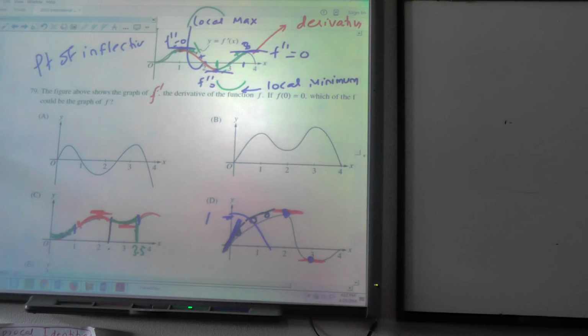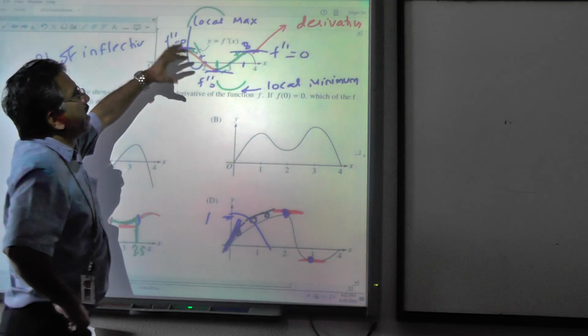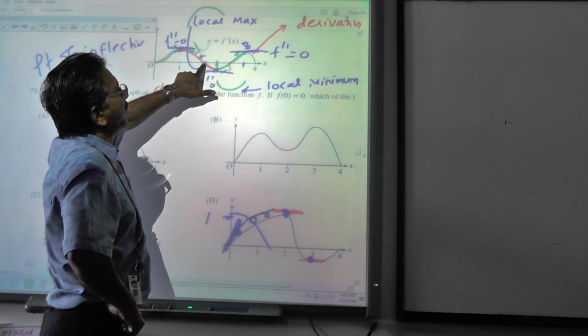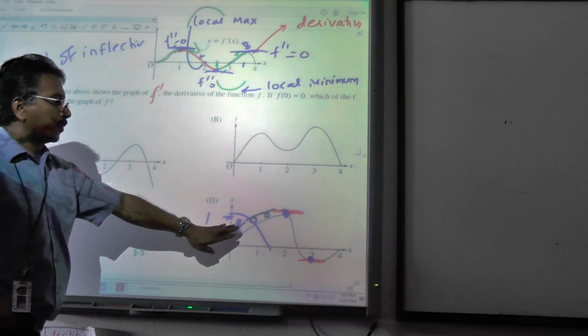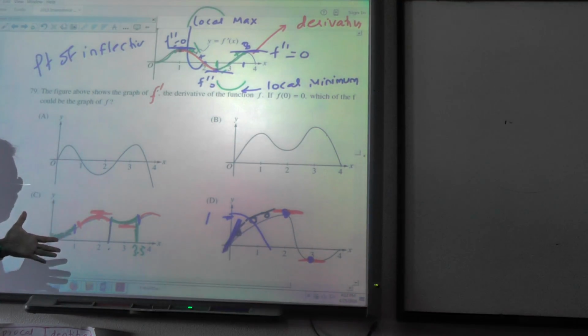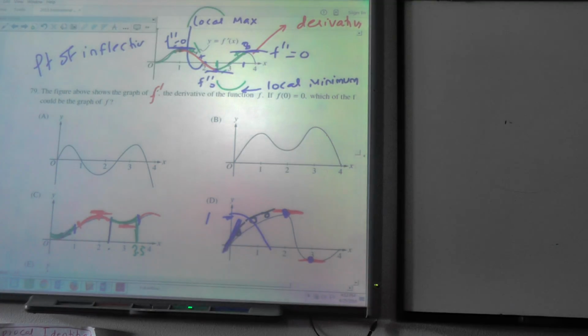Finally, what I'm trying to say is, in such cases, first look at where the derivative function crosses the x-axis, which is 2 and 3. That way you know these are the only options. And then to know exactly which is the right one, you could think of concave up and concave down the way I showed.